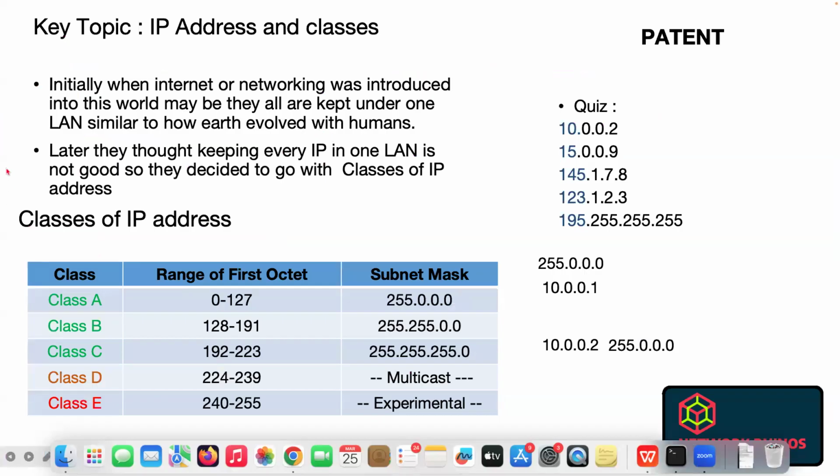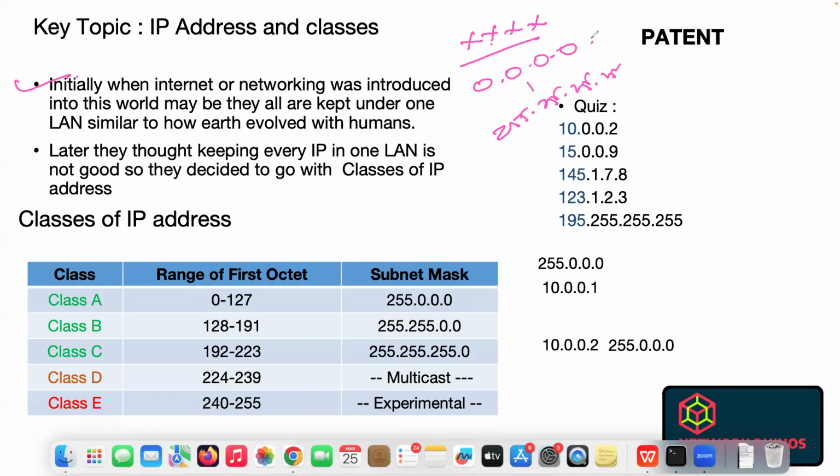See, initially, when the internet or networking was introduced, the entire IP address space was kept in one single block. For example, an IP address consists of 4 numbers, right? What is the minimum number I can get? 0.0.0.0. Maximum is what? 255.255.255.255.